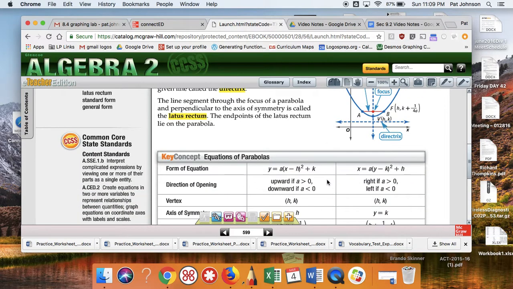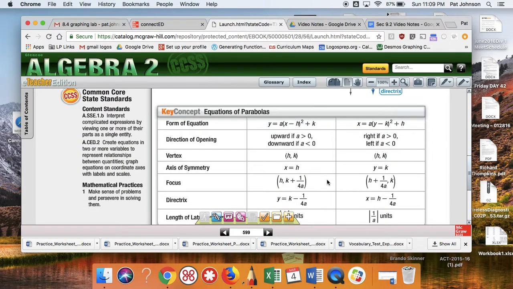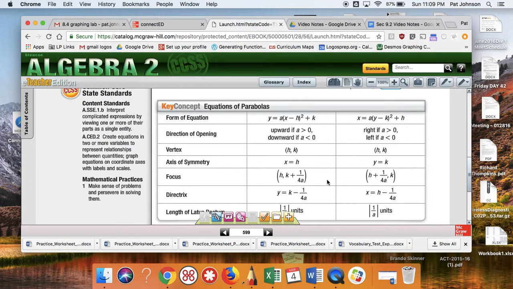Now, we need to learn some basic information. We've already learned this column; we just didn't know about the focus, the directrix, and the latus rectum. But we knew that if a is positive, it opens up, and if a is negative, it opens down. And you notice we have y equals, and the x is squared. This is the equation y equals a times (x minus h) squared plus k.